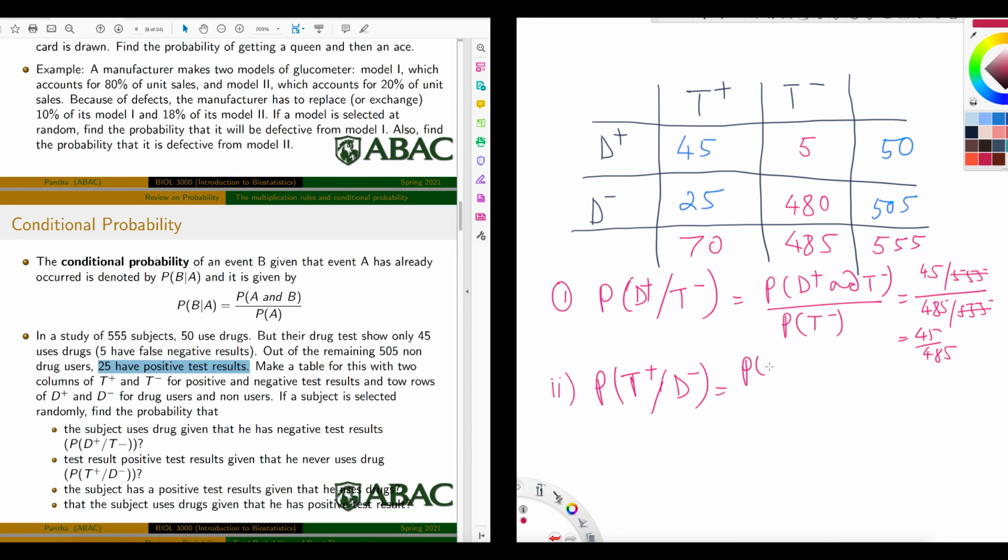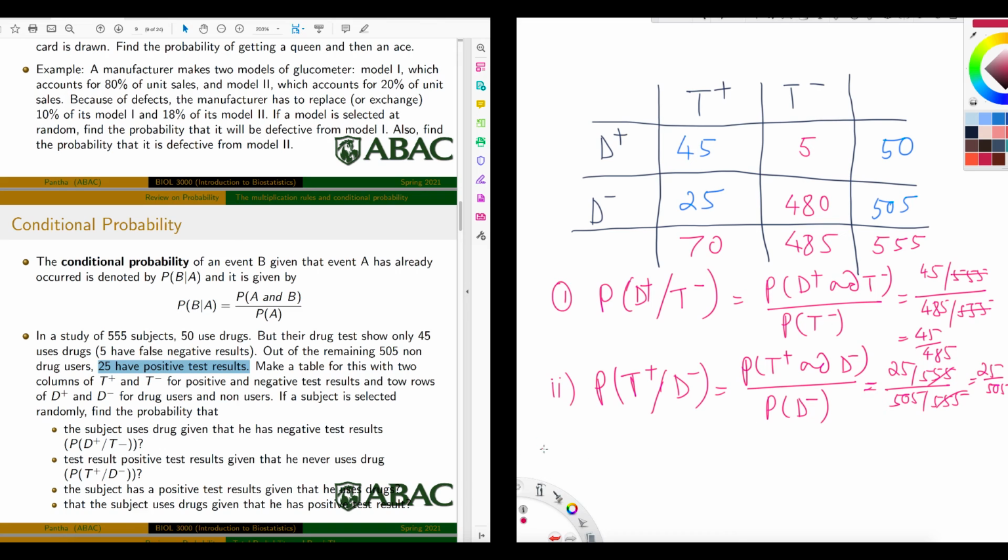That will be probability of T plus and D minus divided by probability of D minus. You see that? So what is the probability of T plus and D minus? T plus and D minus is 25, right? 25 over 555, because you need to divide by the total, because it is the probability, right? And divide by D minus, which is 505. The total D minus is 505. So 505 over 555. So 555 is in the denominator of both. So the final answer here is 25 over 505.